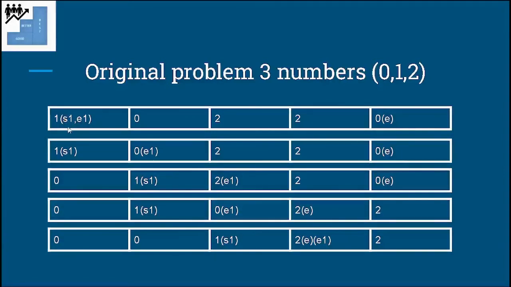Why? Because S1 is the starting of 1, and when you encounter 0 at a later point of time, you will exchange it with S1 and you'll increment S1. I hope it makes sense, right?